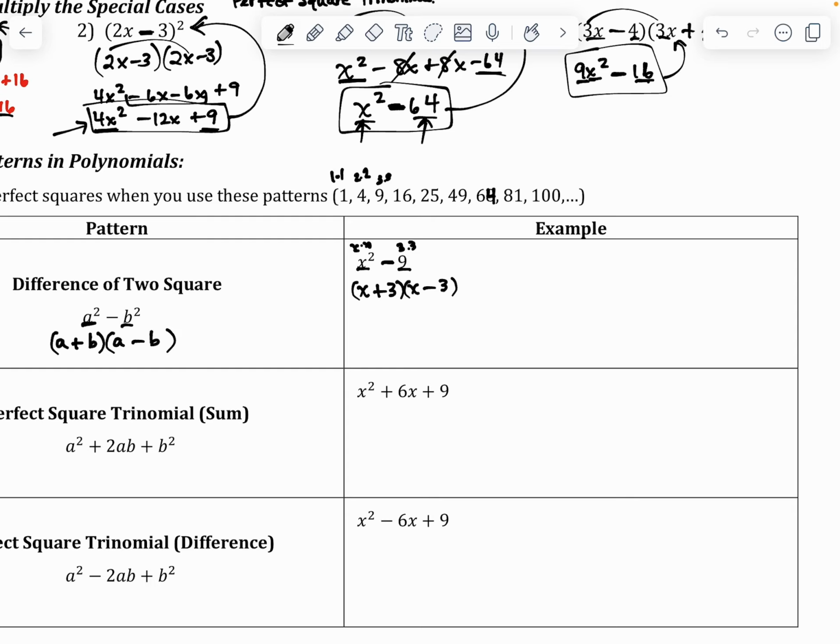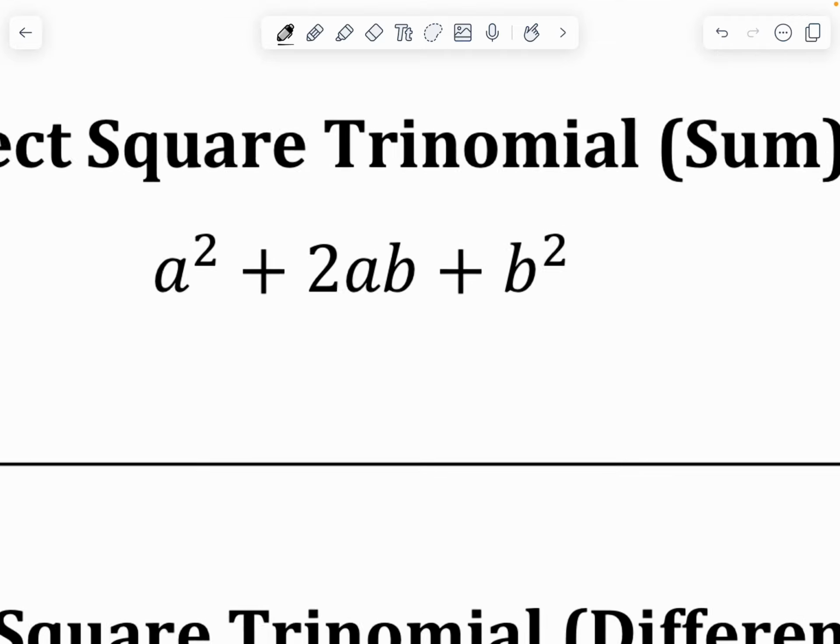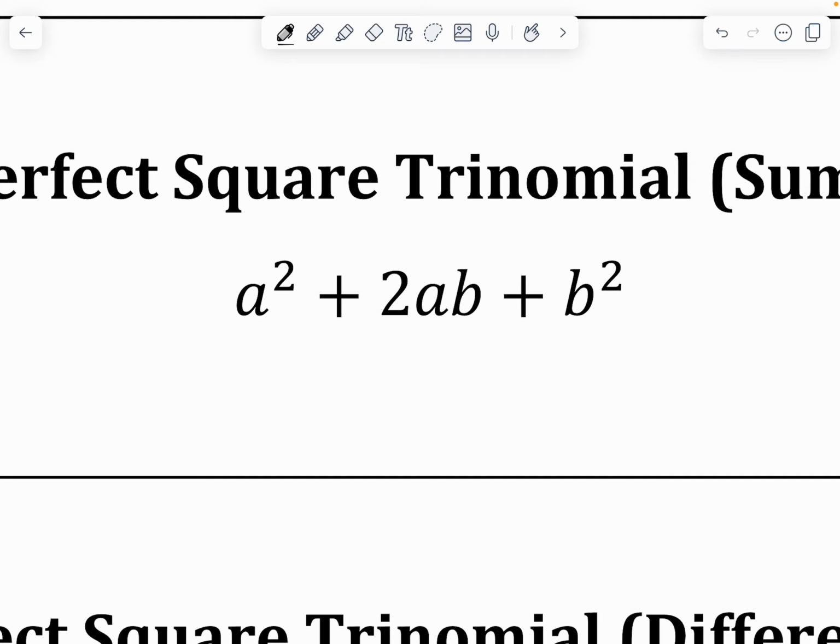All right. The next one we're going to look at is the perfect square trinomial, when it's both positives, when it's the sum. When we have a perfect square trinomial, this is going to factor into a plus b quantity squared.